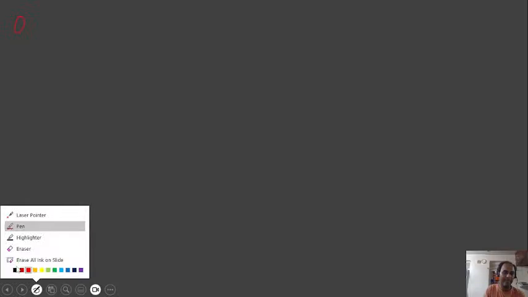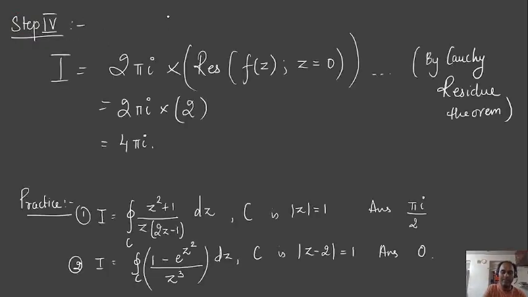So here the question has I equal to the integral over c of (z square plus 1) over z into (2z minus 1) dz, where c is mod z equals to 1.